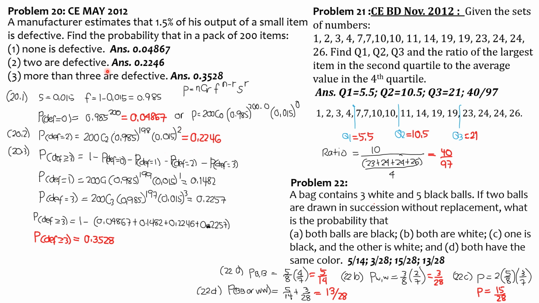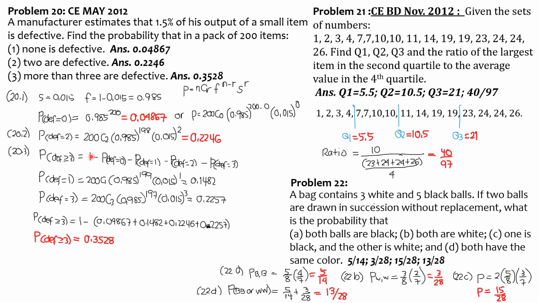And finally, more than 3 are defective items. So the probability that the number of defective items is greater than or equal to 3. So 3, 4, up to 200. But there are so many terms for that case, so we should use the reverse.